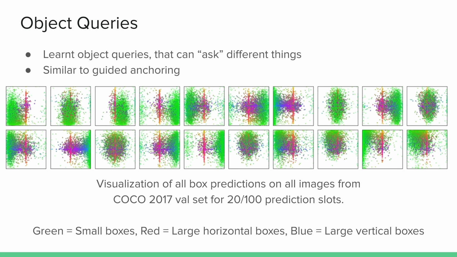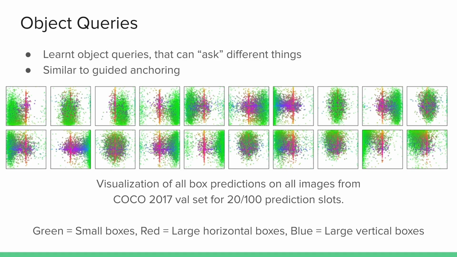So in that example, they had 100 object queries, and they are showing this visualization of 20 of those. And you can see one green dot for a small box and where that box appeared. Red would be large horizontal boxes, and blue large vertical boxes.